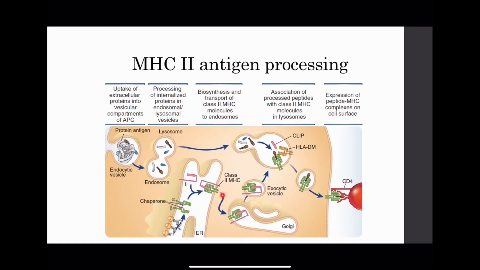But when the MHC is transported to the endosome, the invariant chain will be degraded, and the antigen binding cleft will be free, and so the antigen will bind, and the MHC antigen complex will be expressed on the surface of the cell.